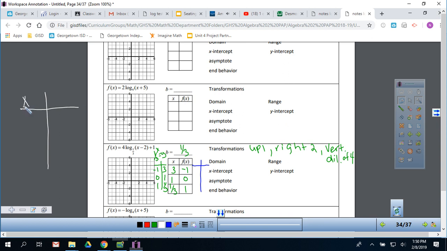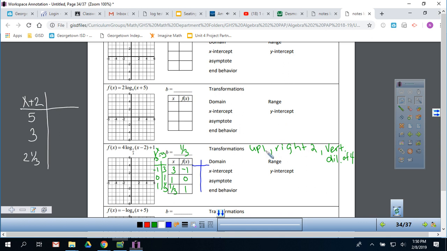We're going to have x plus 2. So instead of 3, we're going to have 5. Instead of 1, we have 3, and instead of 1/3, we're going to have 2 and 1/3. And then y is plus 1.